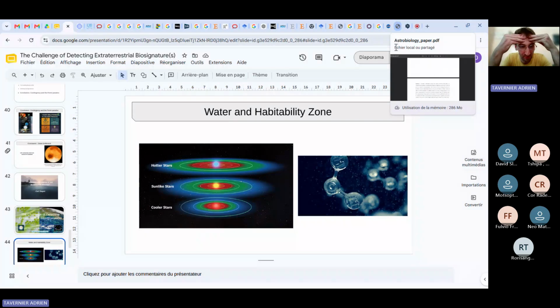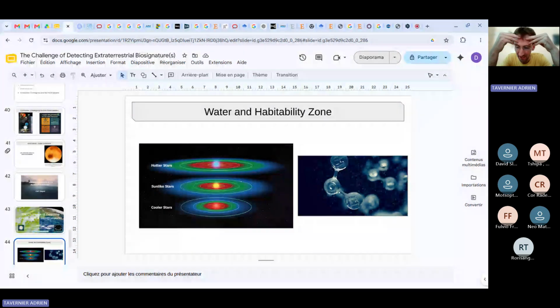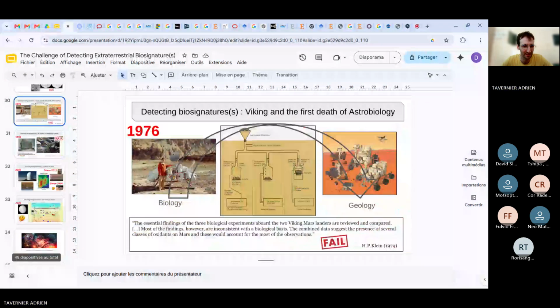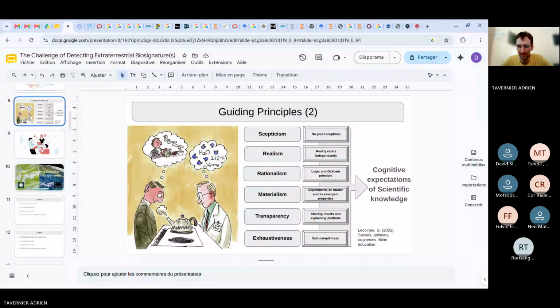So perhaps the last one is about multiverse and universe. This is interesting theoretically. The people who are doing cosmology, in fact, say that theoretically it's possible to have a multiverse. Then I can come back to the guiding principle of science, the cognitive exploitation of scientific knowledge. There is a step of materialism, so experiments on matter and its emergent properties.